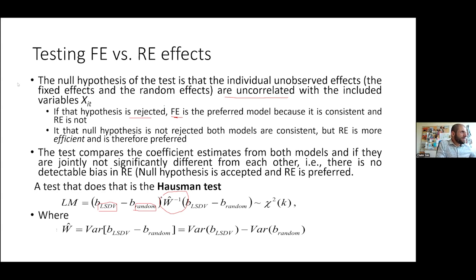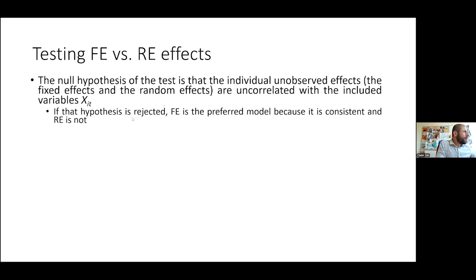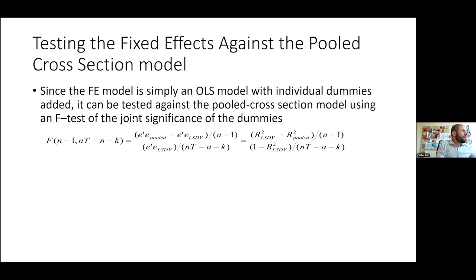There are some other tests, perhaps a bit less used, but I will present them briefly to have an idea about those tests. First, whether I will have to rely on the fixed effect regression or the pooled regression that does not consider the time dimension of the sample.